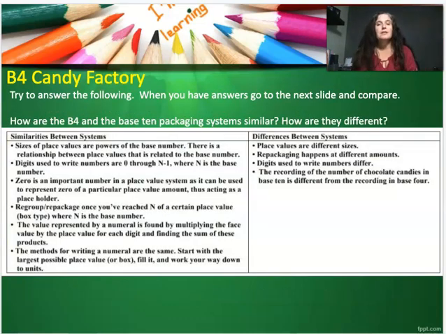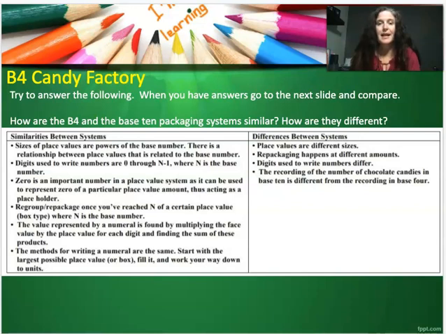So go through these similarities between the systems. The sizes of the place values are powers of the base number. So there's a relationship between place value that is related to the base number. Think about 10 to the 0 power would be the units, or 4 to the 0 power would be the units.